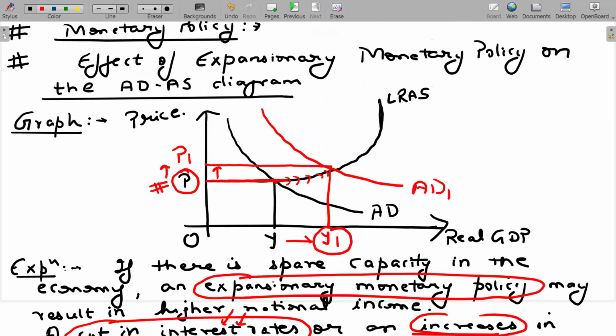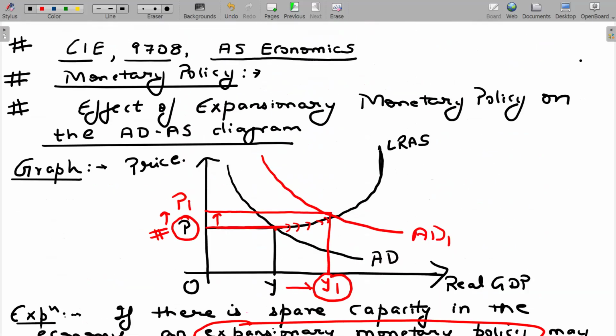Okay, so this was one of the cases when spare capacity was available. I can write, this was case 1, when there is spare capacity.